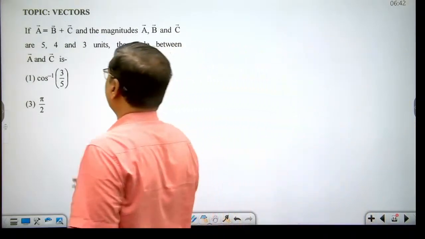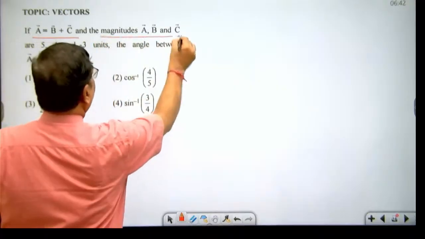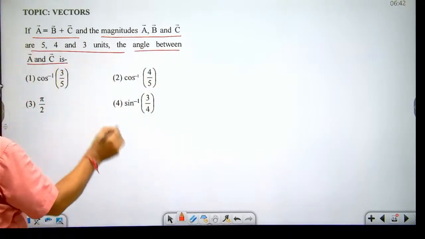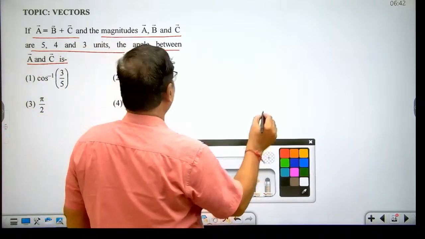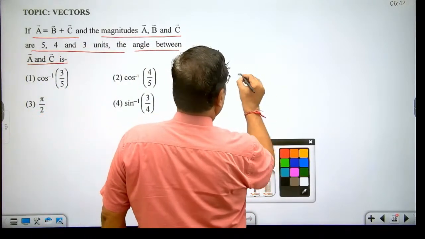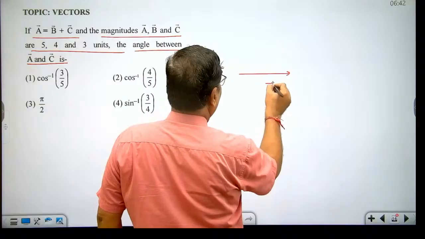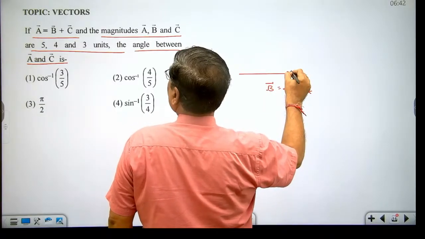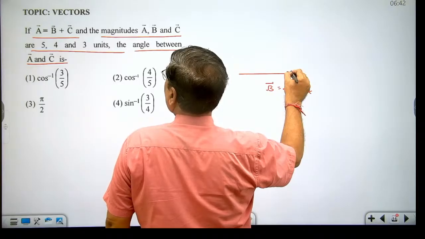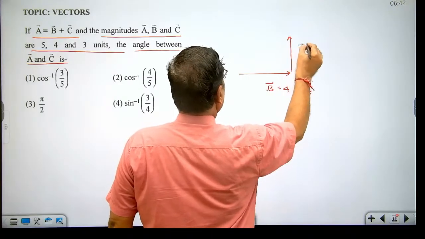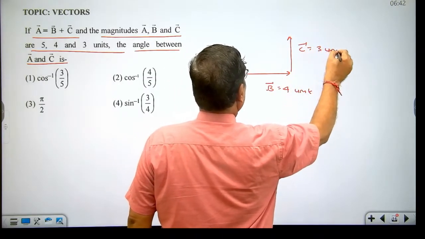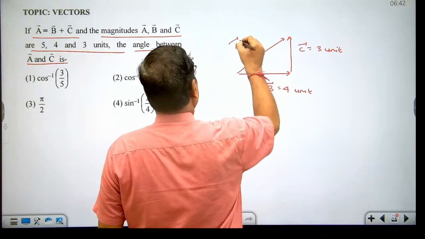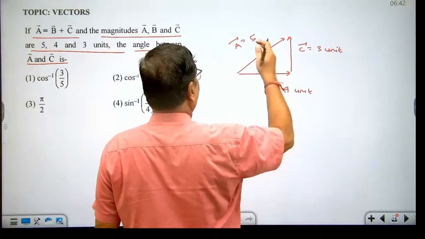If A vector equal to B vector plus C vector and magnitudes of A, B and C are 5, 4 and 3 units, then angle between A and C is. Let us assume this is B vector equal to 4 unit and this is C vector. Magnitude is 3 unit. Then this is A vector whose magnitude is 5 because 3 square plus 4 square equal to 5 square.